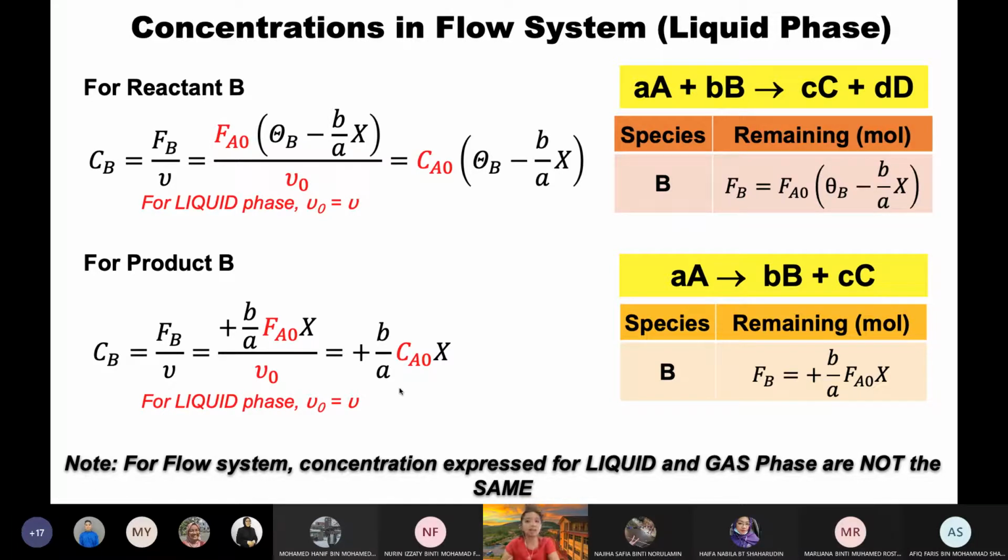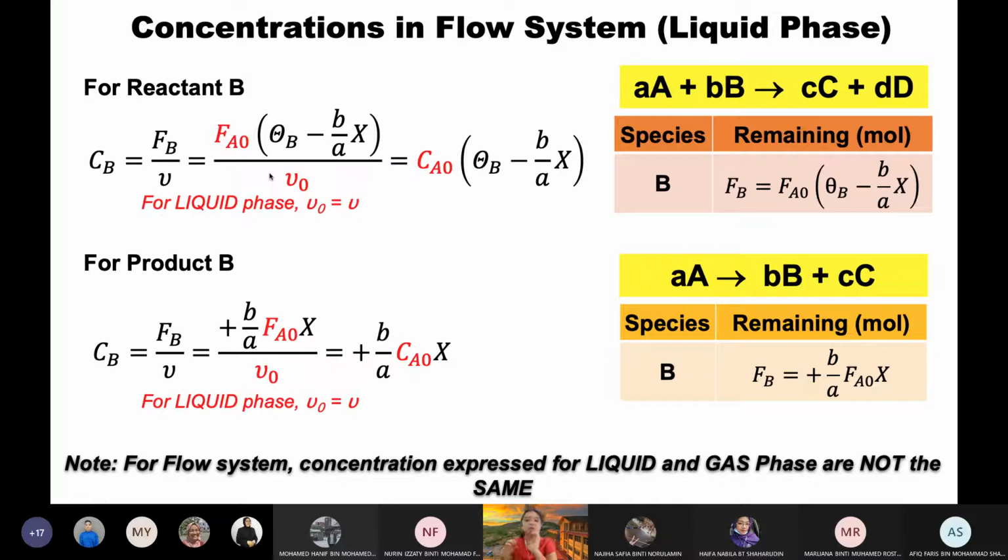Just that perbezaan dia adalah cara nak sampai kepada that expression dah berlainan sebab kita guna molar flow rate of B over outlet volumetric flow rate. Okay. So then kita guna table untuk cari the outlet molar flow rate of B punya expression, divide with the initial volumetric flow rate of the system.